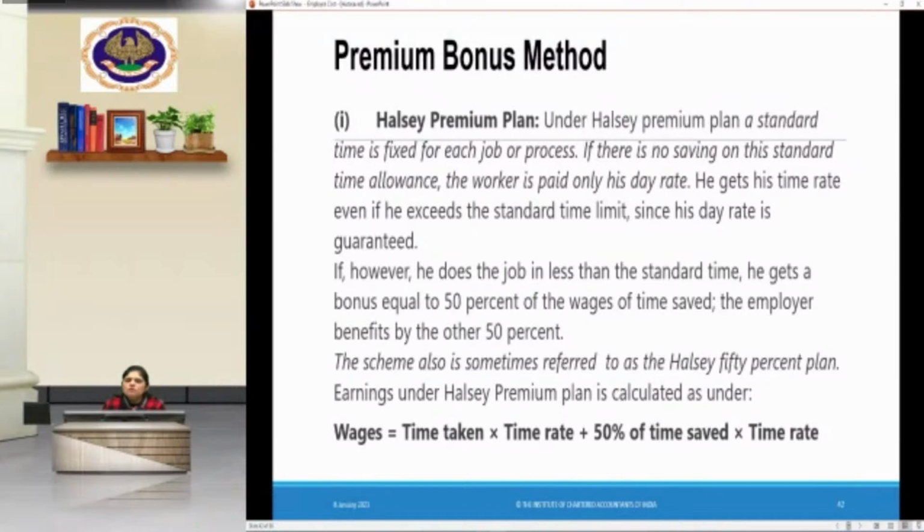So under the Halsey Plan, a standard time is fixed for each job or process, and standard time is fixed basically on the basis of past experience, on the basis of the time and motion study which is done for every job or process. I hope you remember time study and motion study.